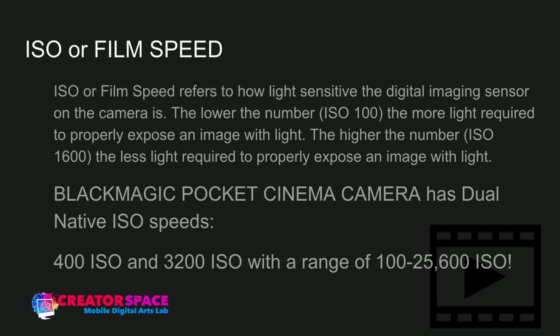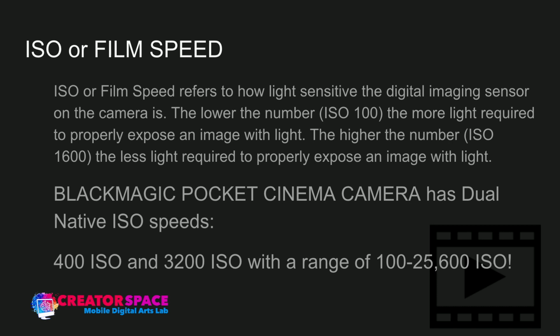The higher the number, say an ISO of 1600, the less light you need. In today's conditions, we'll be working at roughly 300 to 1250 or 1600, using different ISOs to obtain our optimum exposure, and we'll look at how to identify proper exposure.